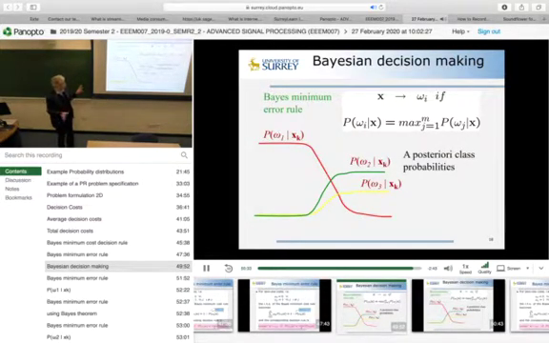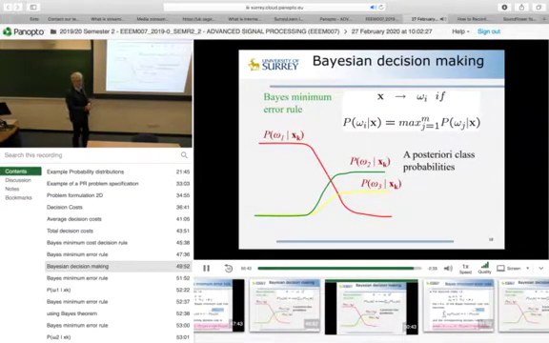So what region would we assign using this Bayesian maximum a posteriori rule? What region would we assign x to class omega 1?